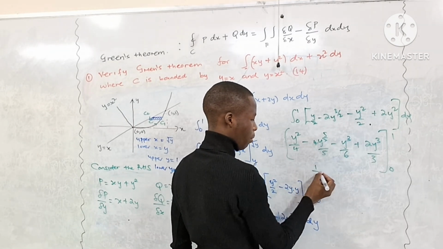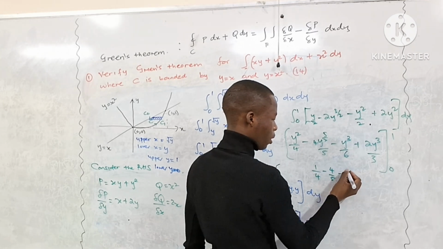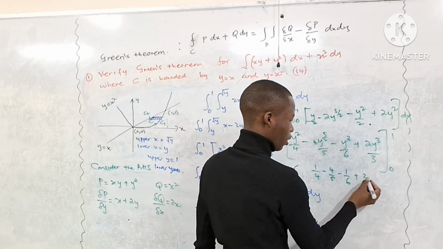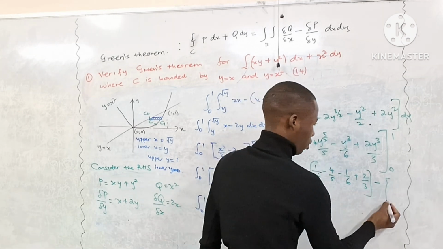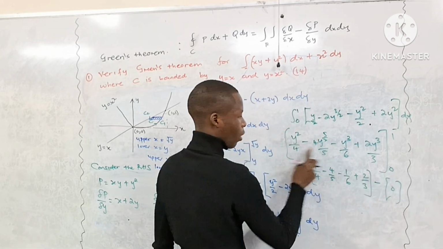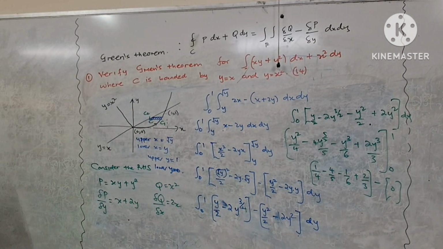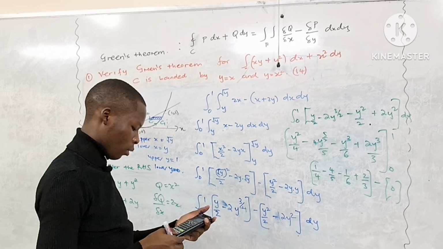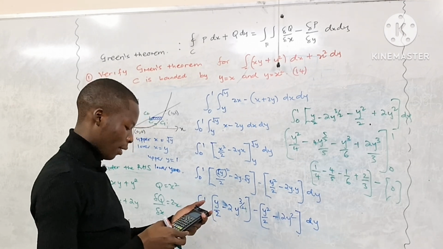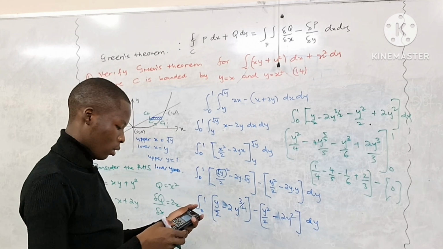Substitute: this is 1 by 4, subtract 4 by 5, subtract 1 by 6 plus 2 by 3. Subtract 0. If you substitute for y by 0, this thing becomes 0. This is 1 by 4, subtract 4 by 5, subtract 1 by 6.